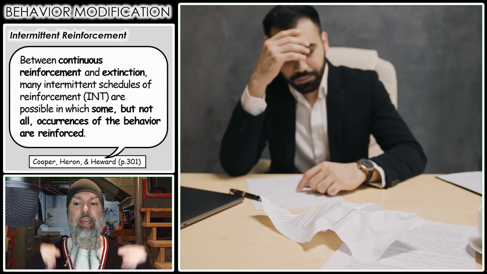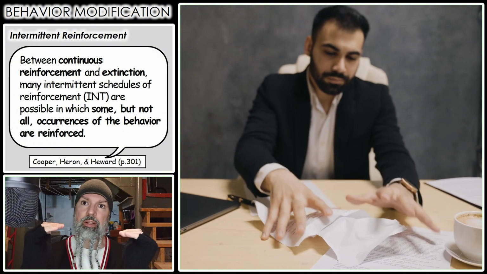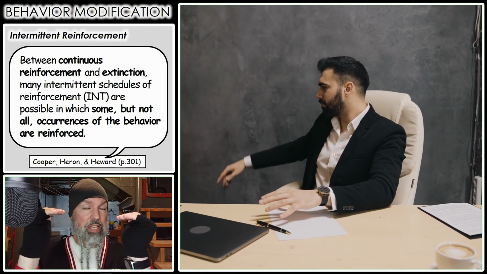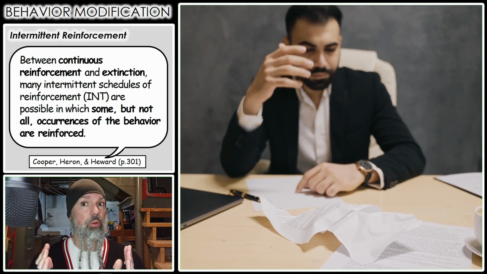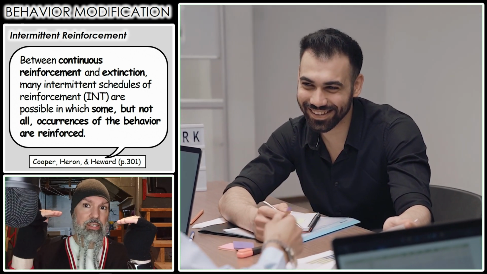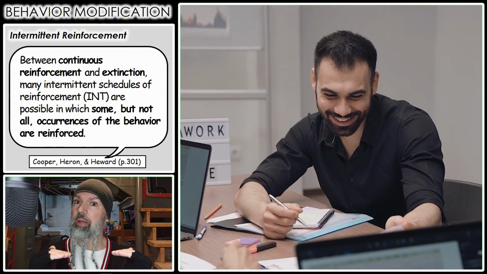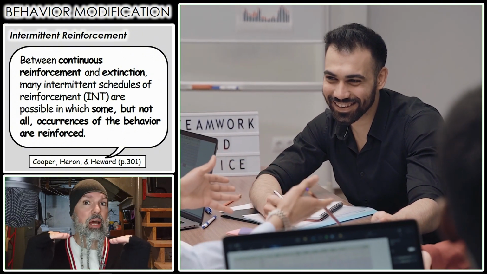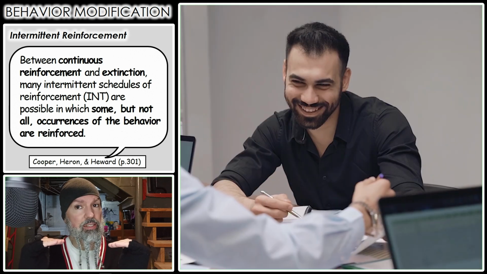If that's the case, then you want to reduce that intermittent schedule of reinforcement from 20 tasks back down to, say, maybe 2. So now instead of being praised for every 20th task, or as they were initially praised for every single task, we increase it just a little bit, and now they're praised for every 2 tasks that they perform.